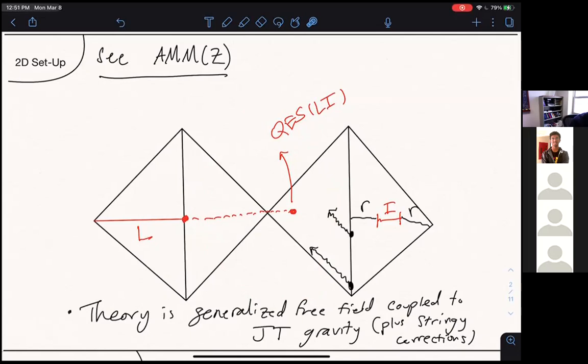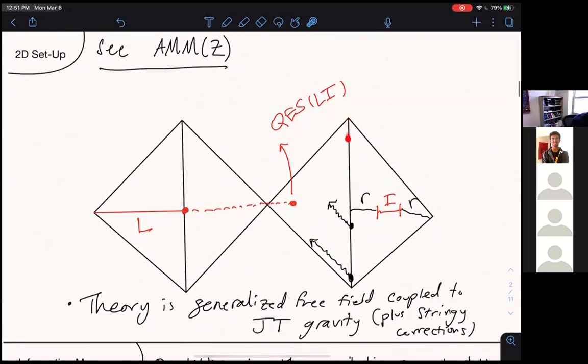And what we're going to do is couple these theories, which live here, to a flat space bath. We should really think of what I'm drawing here as having two descriptions. Strictly speaking, what I've drawn here is a semi-classical description where you have low energy quantum fields coupled to JT gravity.